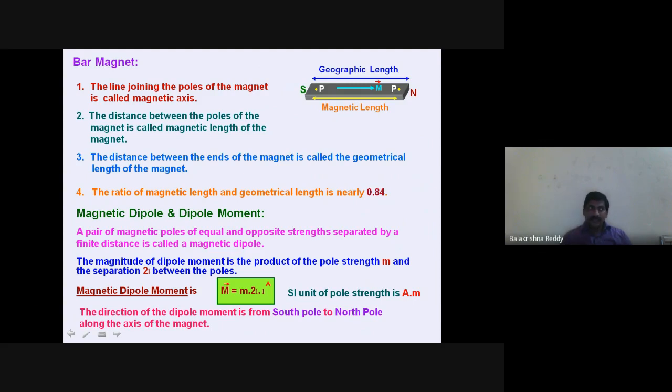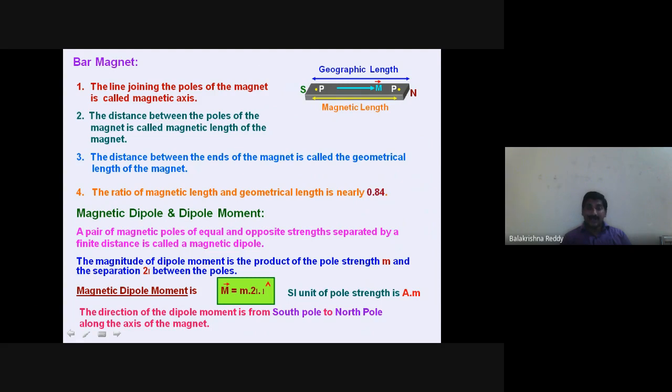Same like in electrostatics, we have the electric dipole. The electric field direction is positive to negative, but the electric dipole moment direction is always opposite to the electric field. Same here, for the magnetic dipole, the direction of the dipole moment is south pole to north pole. But magnetic field lines outside move from north pole to south pole.